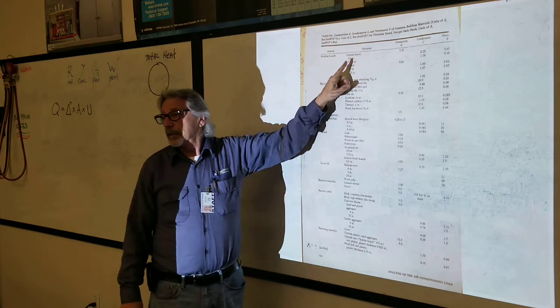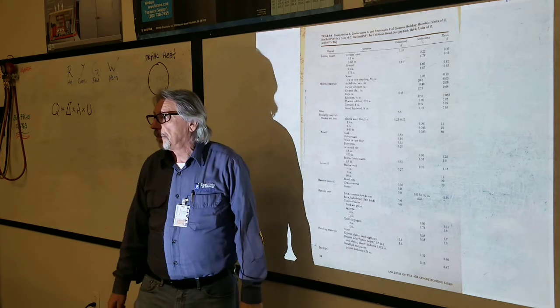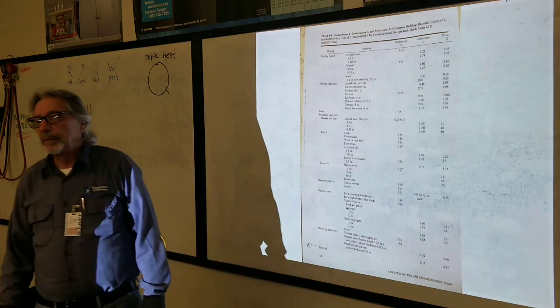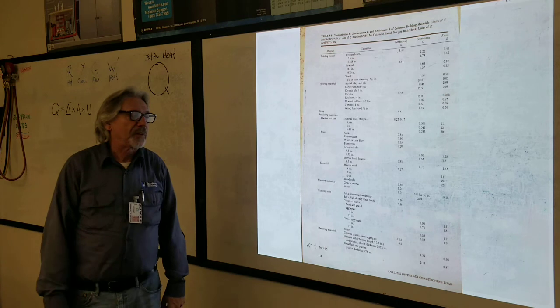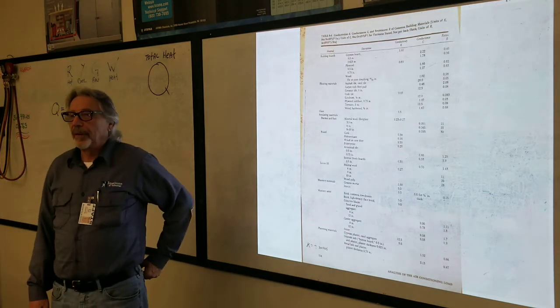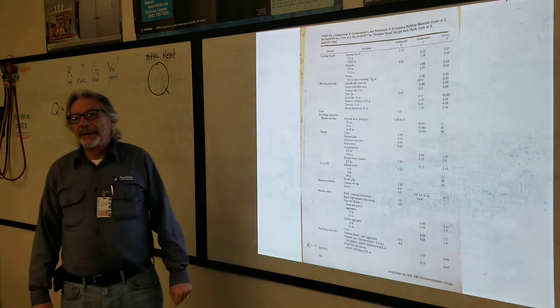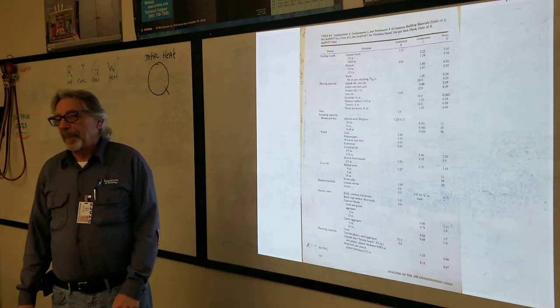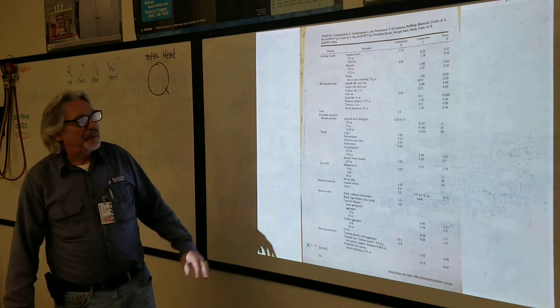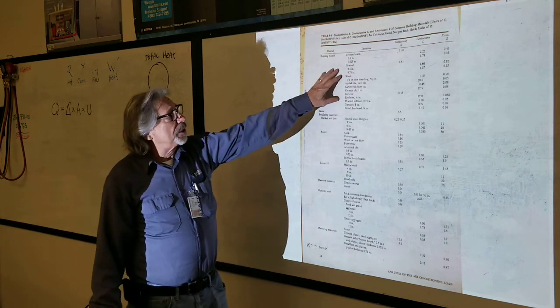Anybody know what gypsum is? Drywall. Sheetrock. This stuff. It's made out of gypsum, that's what they call it, gypsum board.